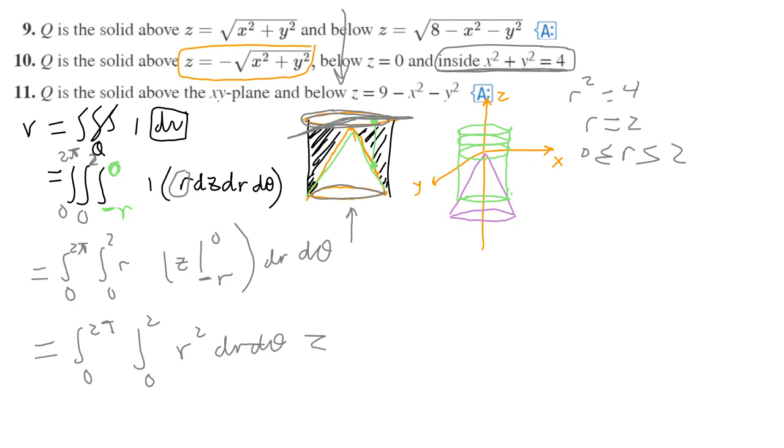The antiderivative of R is R cubed over 3, so 8 over 3. And the remaining is just d theta. The antiderivative is theta, so times 2. So the final answer is 16 pi over 3. Thank you, Fatma.